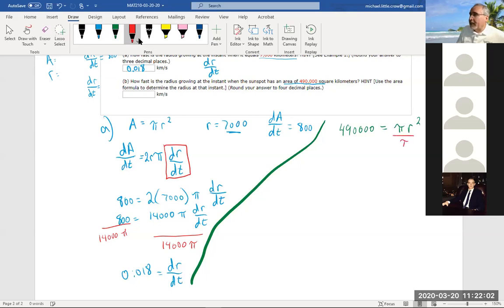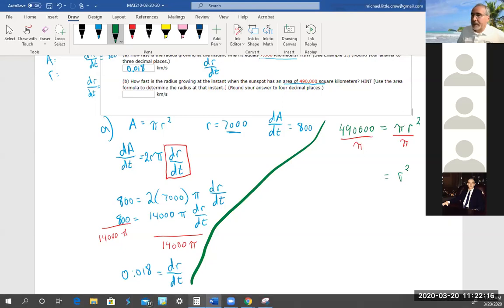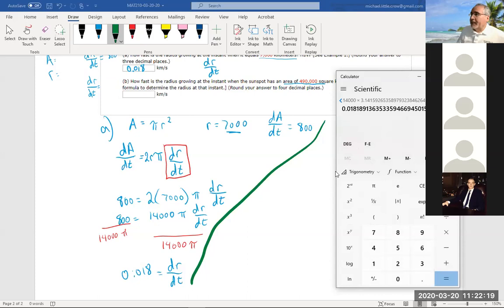Divide both sides by pi. So r squared equals 490,000 divided by pi. It's 155,974.